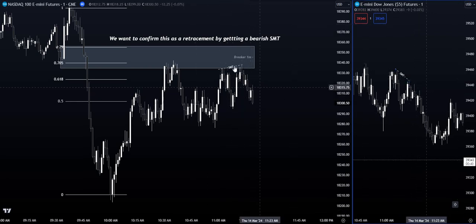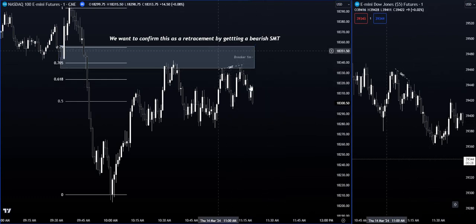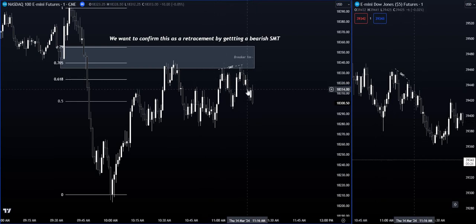All right, so because we have an SMT, the next thing we want to see is a market structure shift on whichever market created that higher high. And ultimately, it was NASDAQ that created that higher high. So because NASDAQ created that higher high, we want to see a market structure shift happen at the intermediate term low, or the most recent swing low, which would be this low.